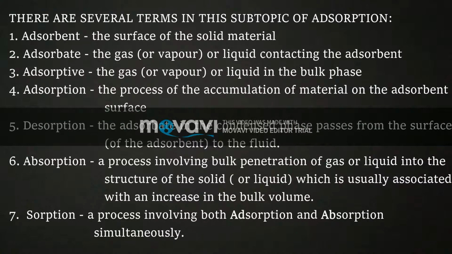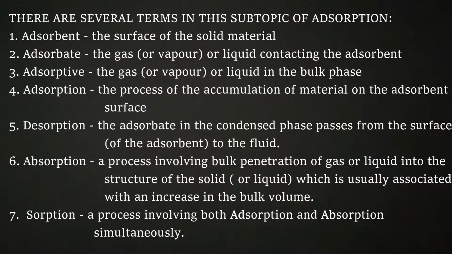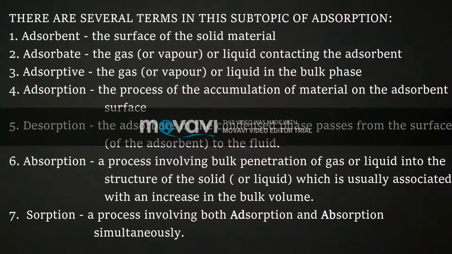The third one, adsorptive, the gas or vapor or liquid in the bulk phase. Next, adsorption, the process of the accumulation of material on the adsorbent surface. Next, desorption, where the adsorbate in the condensed phase passes from the surface of the adsorbent to the fluid.